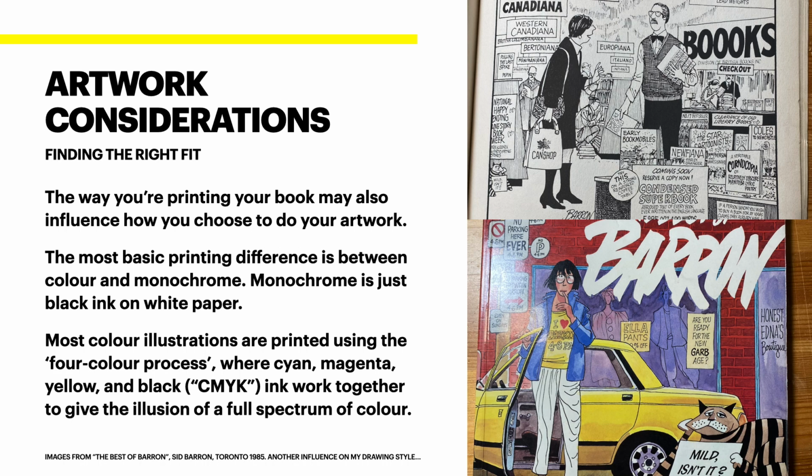There's different types of artwork. The simplest artwork is black and white, as in the top here. And then full color artwork is printed usually using the 4-color process, where you have 4 colors of ink that work together to give the illusion of a full spectrum of color.